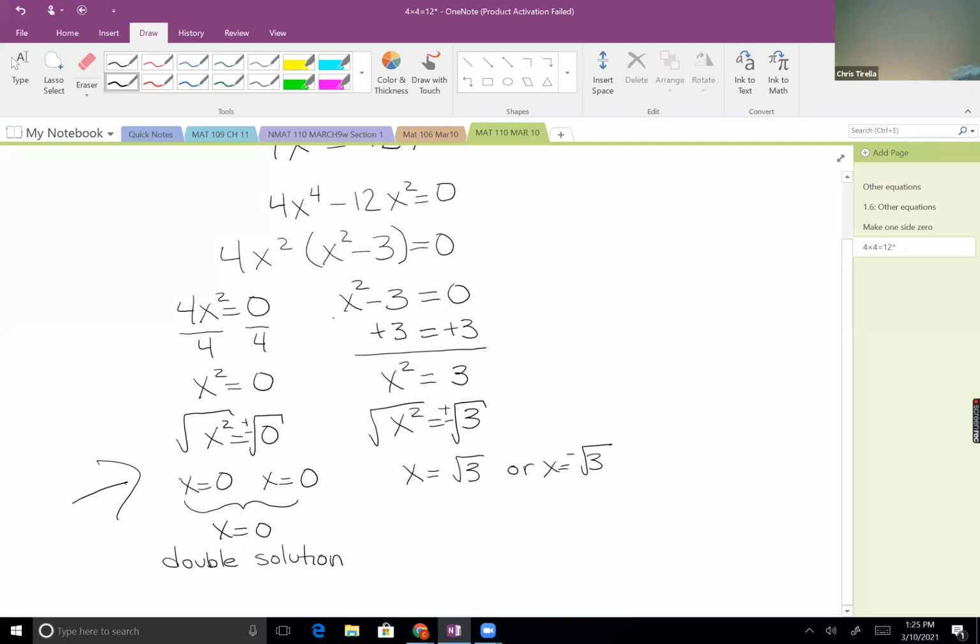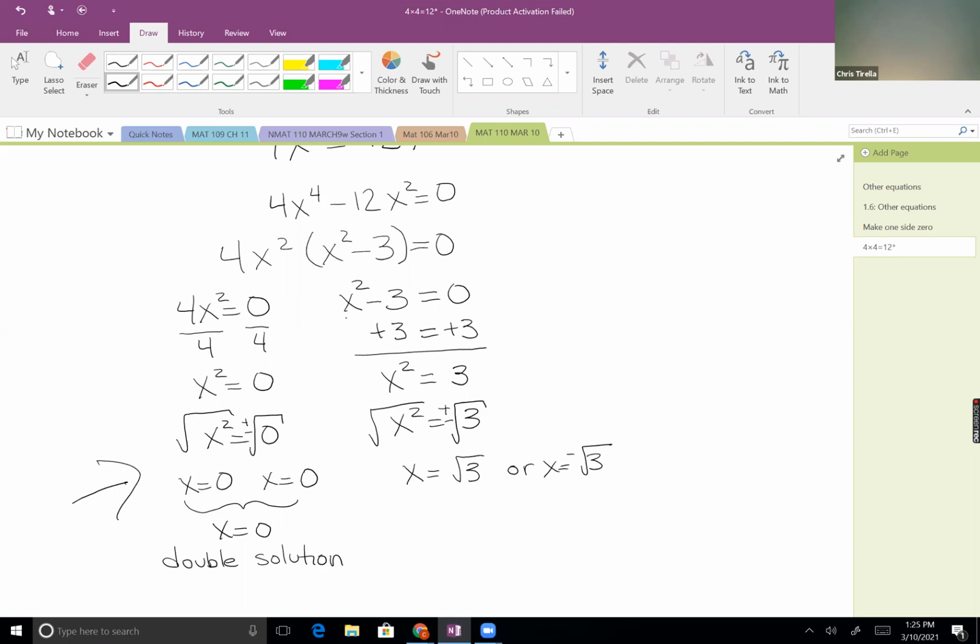We set each factor equal to 0, and then if we have a second degree equation, we can solve it sometimes by factoring, sometimes by using the square root property, sometimes by completing the square, and sometimes by using the quadratic formula.